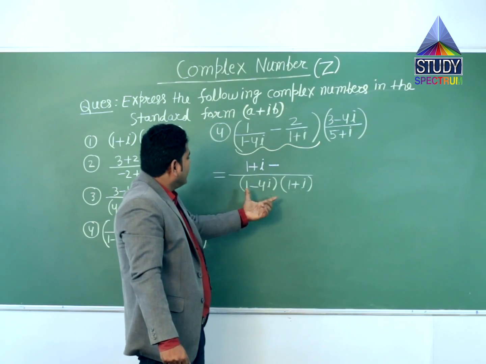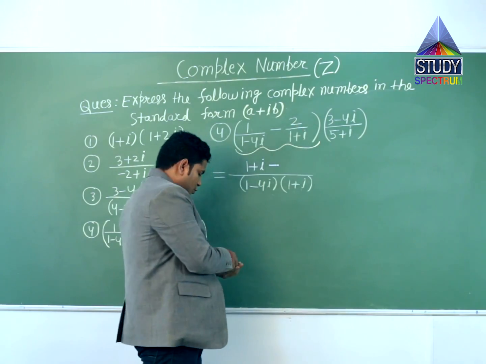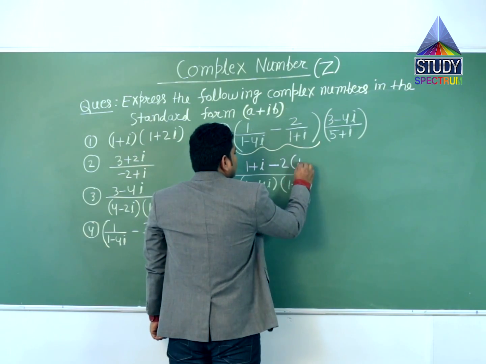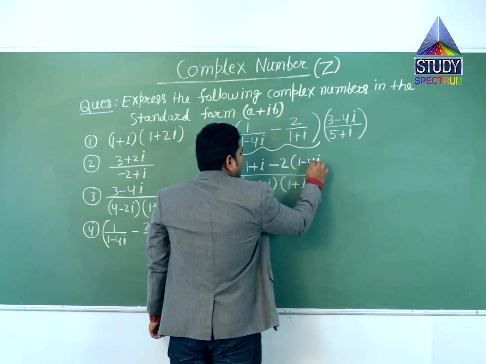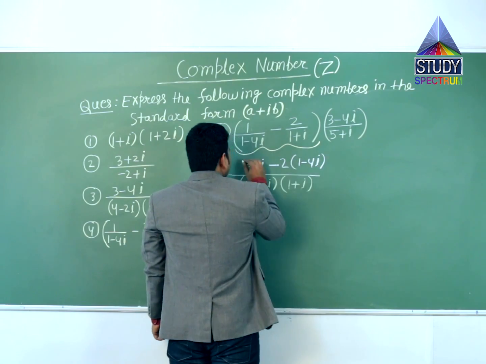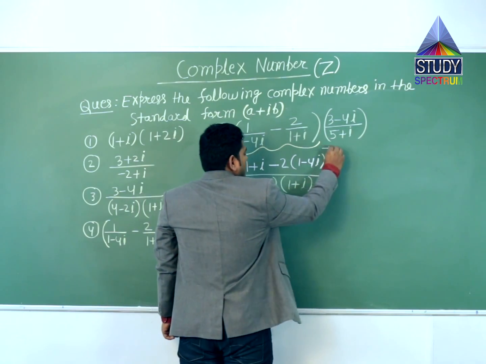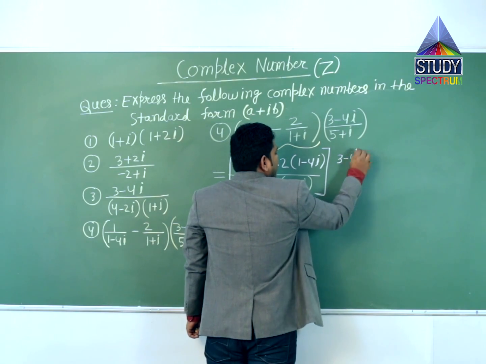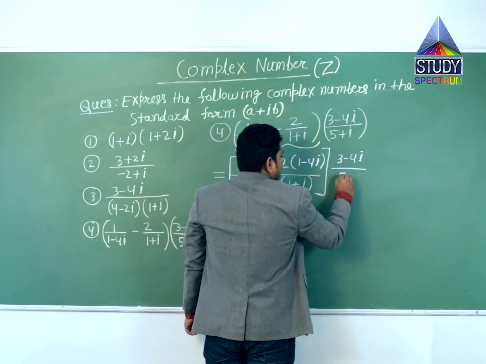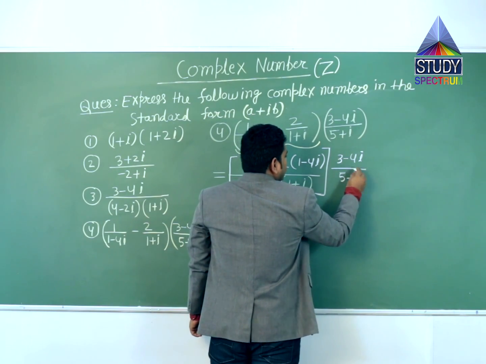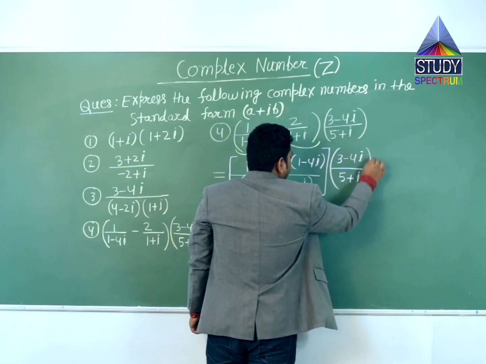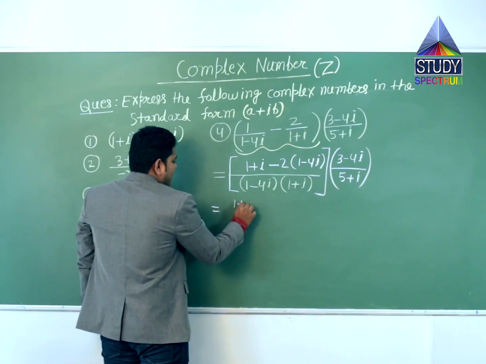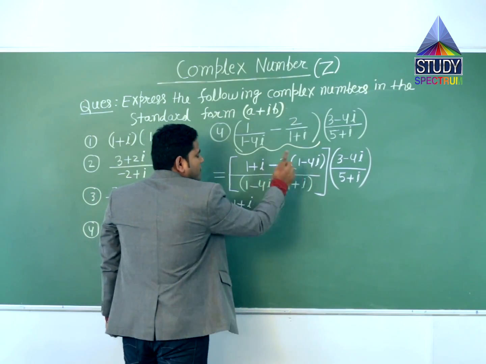So 1 minus 4i will get multiplied with 2. So it will be 2 into 1 minus 4i. And this is as it is, 3 minus 4i divided by 5 plus i.